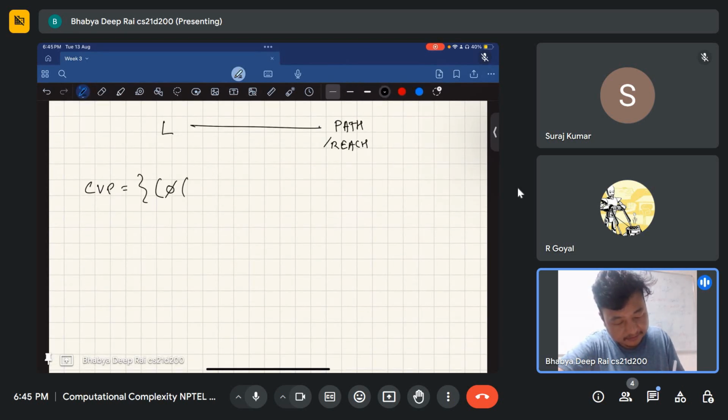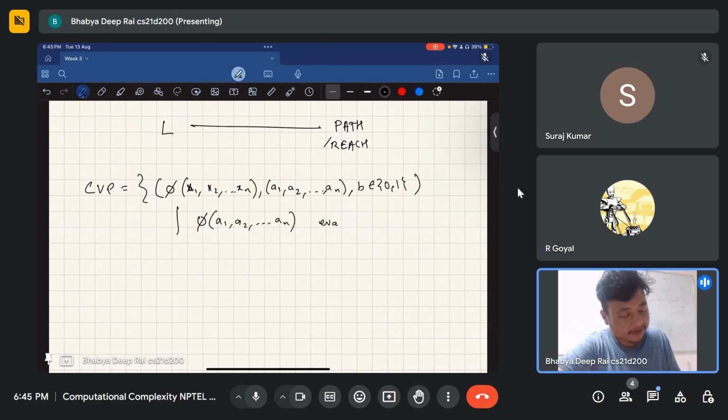Phi is a circuit on x1, x2 and so on till xn, and you are also given an assignment a1, a2 and so on till an, and you are also given a bit b, so that phi on a1, a2 and so on evaluates to b.